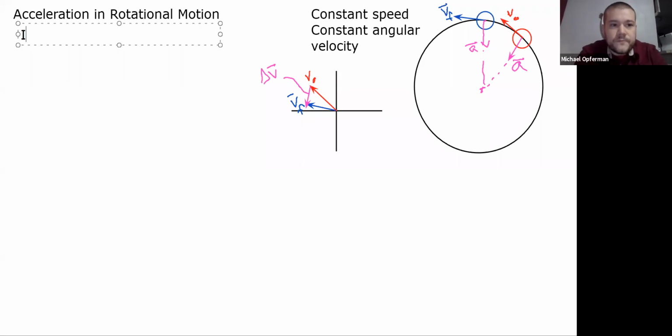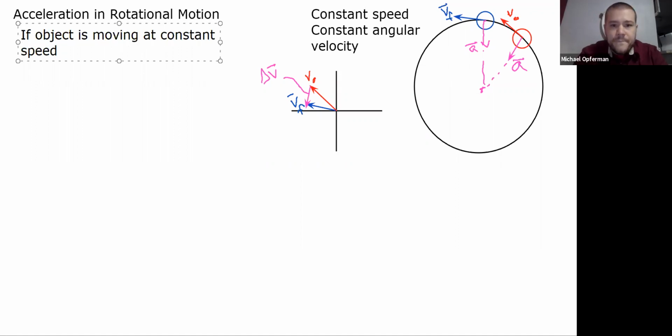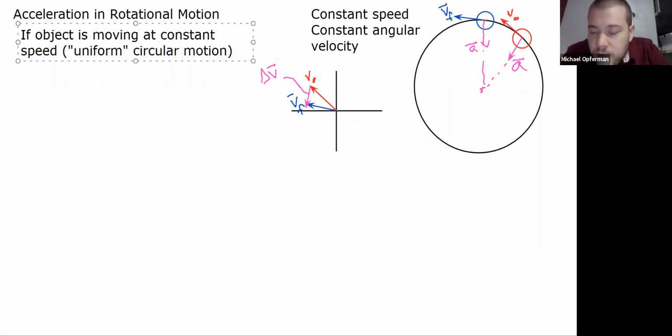Okay, so if the object is moving at constant speed, which by the way is referred to in the world of circular motion as uniform circular motion. If you see the term uniform circular motion, that means circular motion at constant speed.